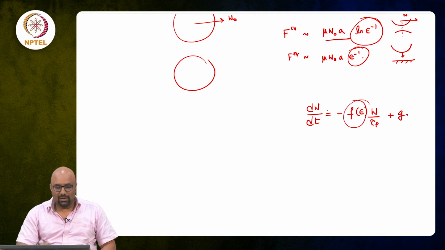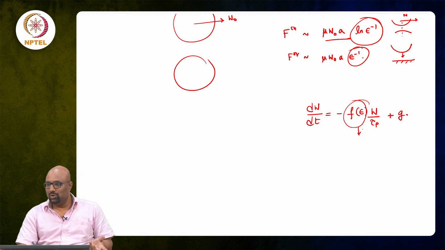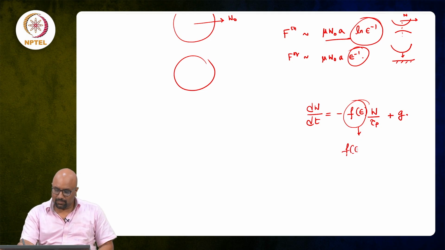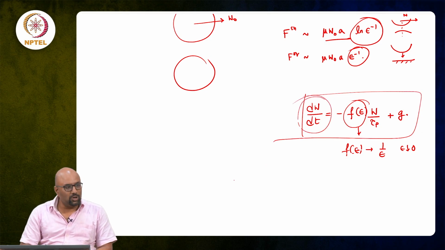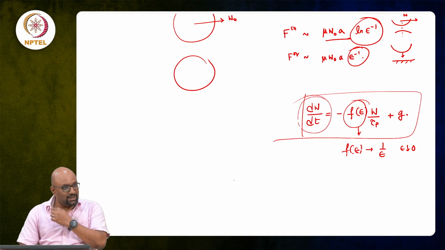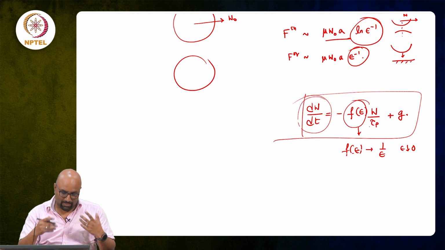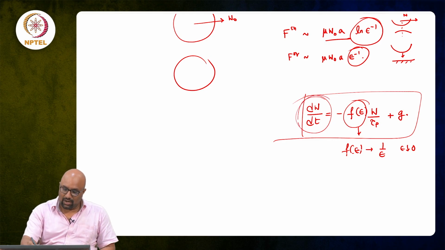Here f of epsilon is the resistance to normal motion, which blows up as inverse epsilon as epsilon goes to 0. So you will need to actually solve something like this. I have given a reduced version of it, but there is obviously going to be a massive deceleration phase going on. If the particle acceleration or particle inertia is large, you cannot ignore this term.